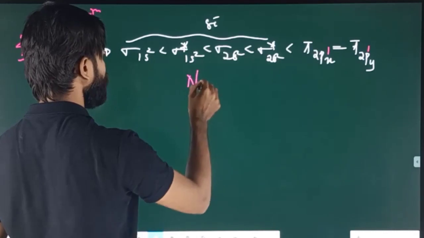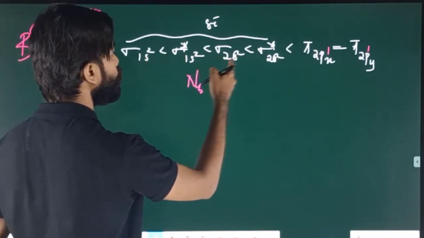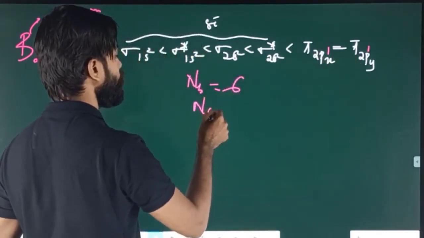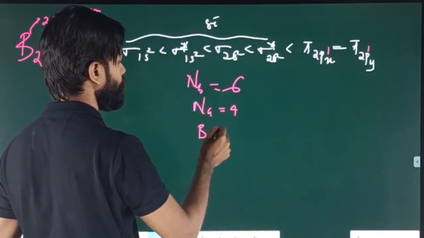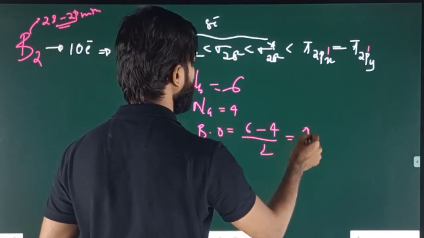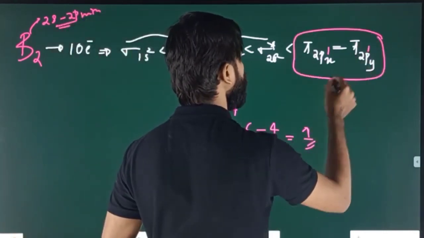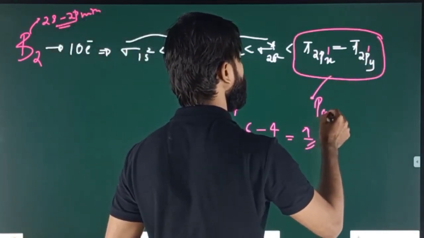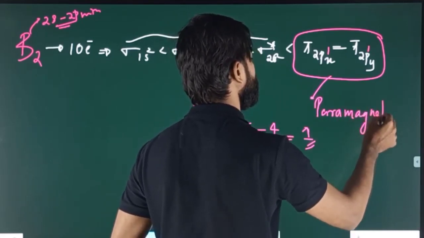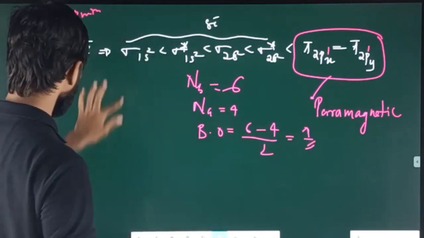The total number of bonding electrons is 2, 2, this together forms 2, 6. Antibonding electrons is 4. So bond order is 6 minus 4 divided by 2, that's equal to 1. And the main property, that is 2 orbitals are unpaired, so the molecule is paramagnetic. Paramagnetic. Okay, fine.